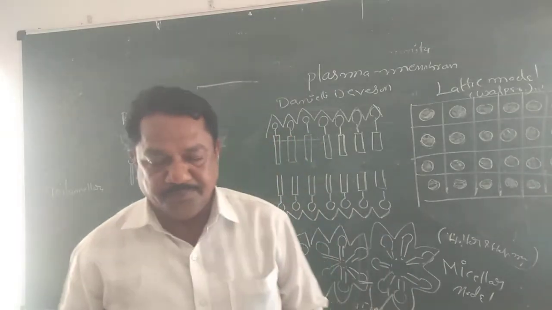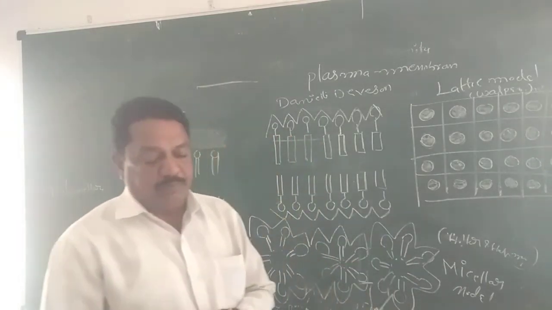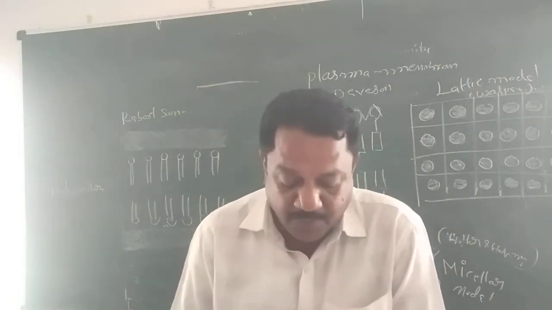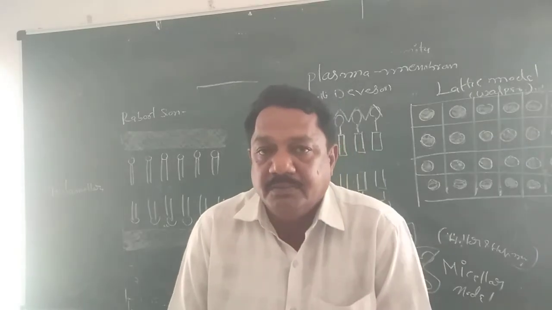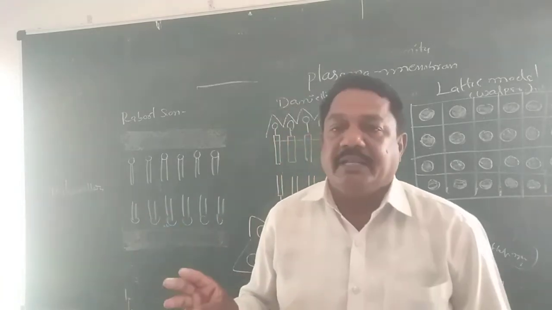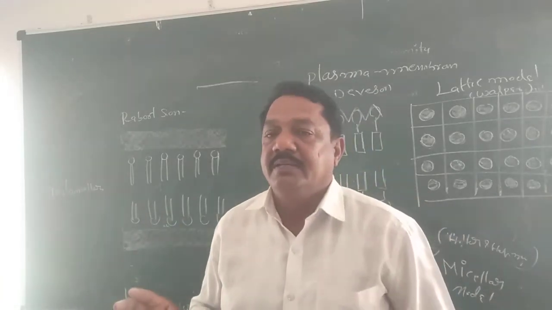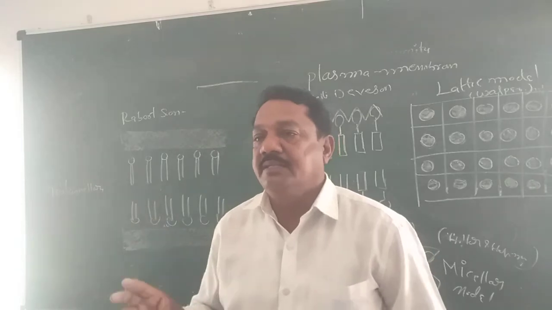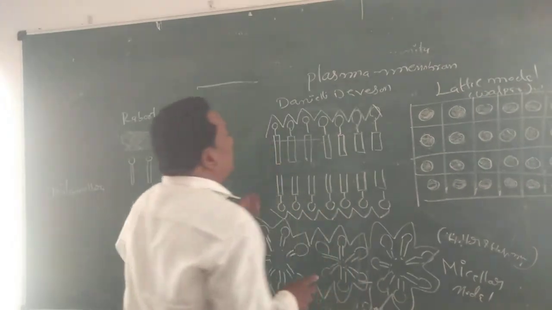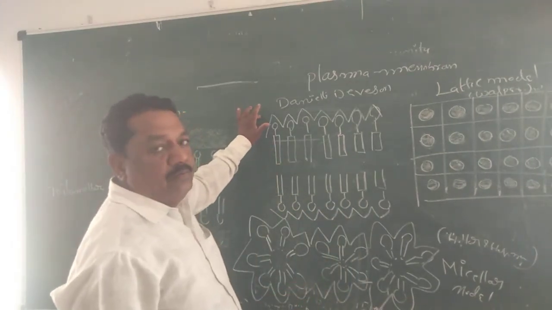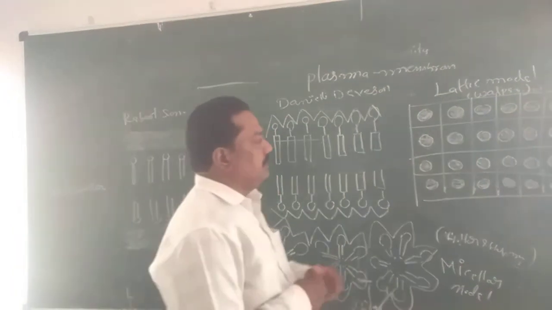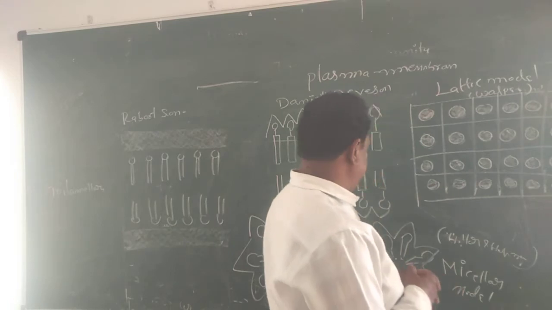Now I am discussing the general internal structure of the plasma membrane. Numerous theories have been put forward, and different kinds of models are given for the understanding of students. The first theory is called the trilaminar theory, described by Robertson. The second one is the bilaminar theory, given by Daniel and Davson. The third one is the lattice model, given by Walker.